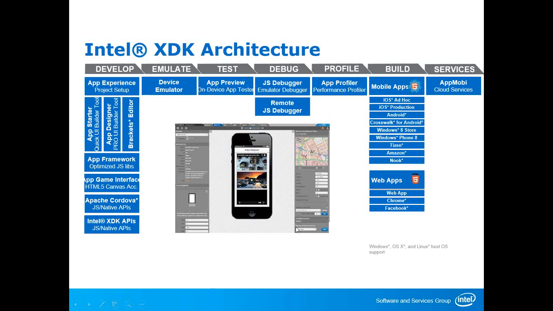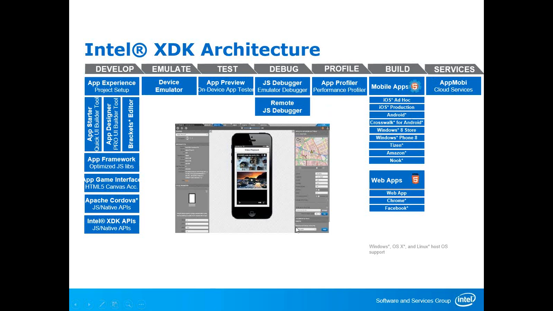It has more than 30 different system images on which you can emulate your application and see how it looks. For testing, you can use an application called Intel App Preview.